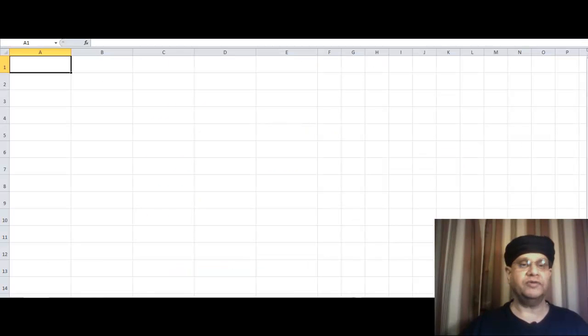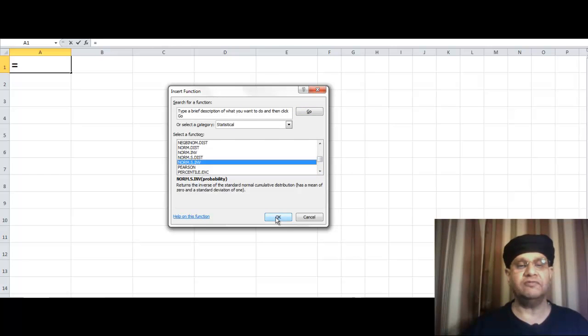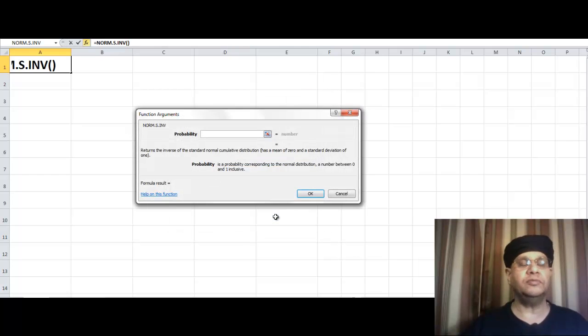And if you are working with a spreadsheet like Excel, you will go to statistical and go to the normal distribution option. Here we have a standard normal distribution. This gives us the inverse values of a standard normal.